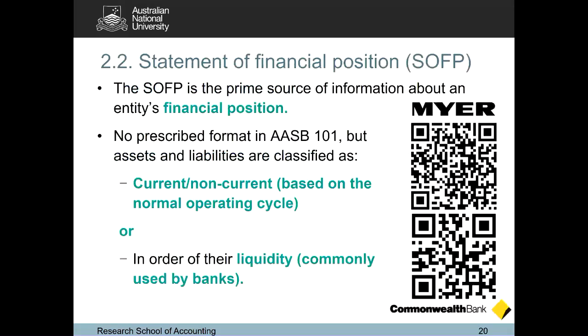But the guidance does give the classification like the current assets, non-current assets. This is based on the normal operating cycles. So that's not prescribed, but there is a guidance for the format. And for the bank, they may just use liquidity to list their assets. Because for banks, liquidity is more relevant, right?